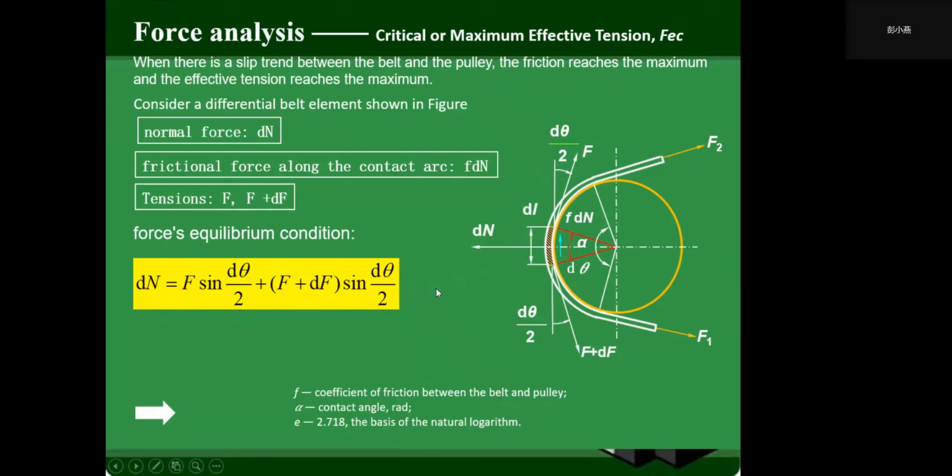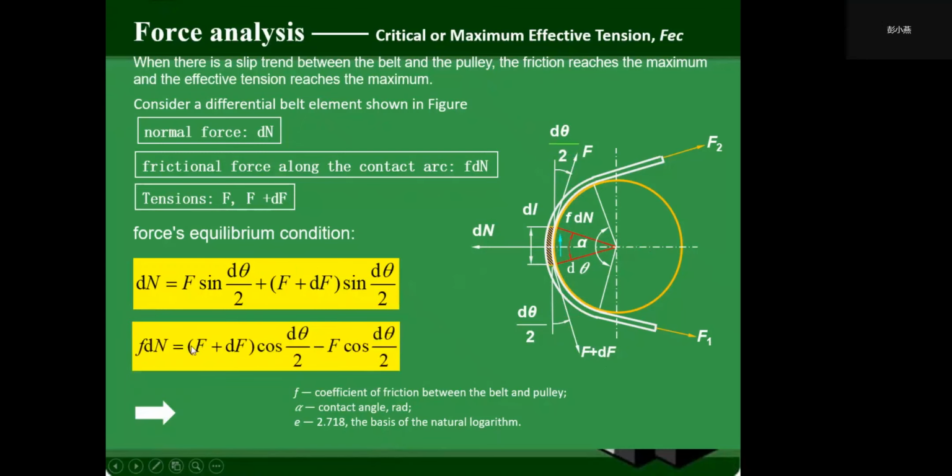In the vertical direction, the total force is also 0.